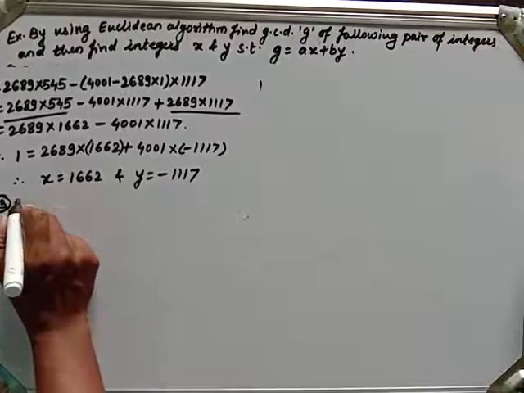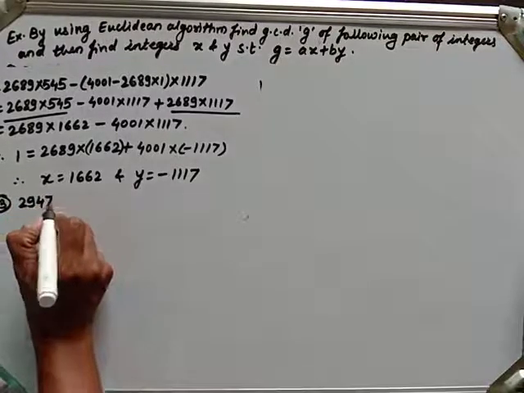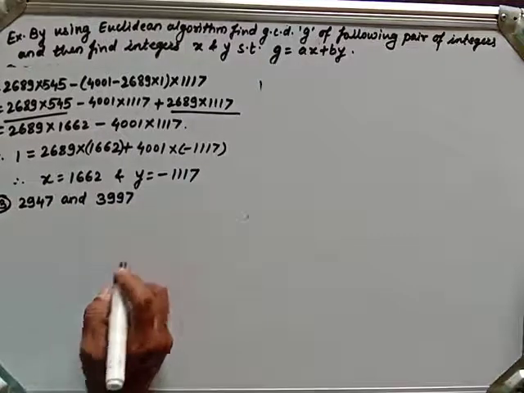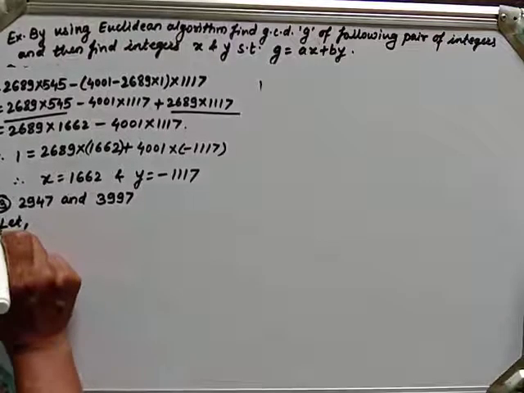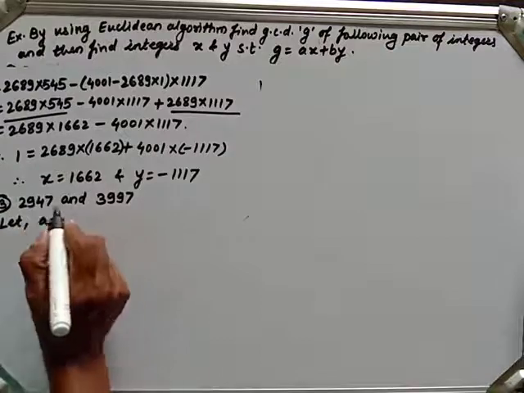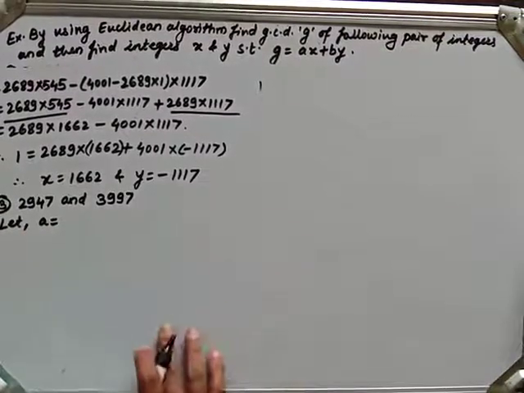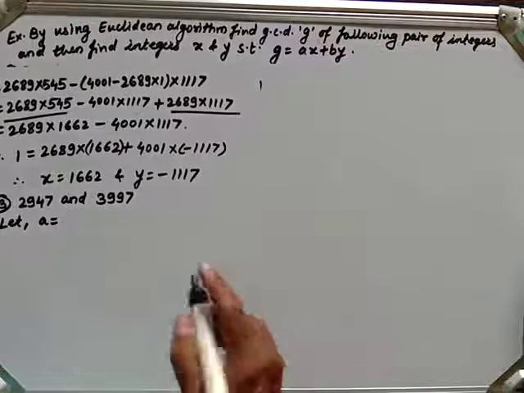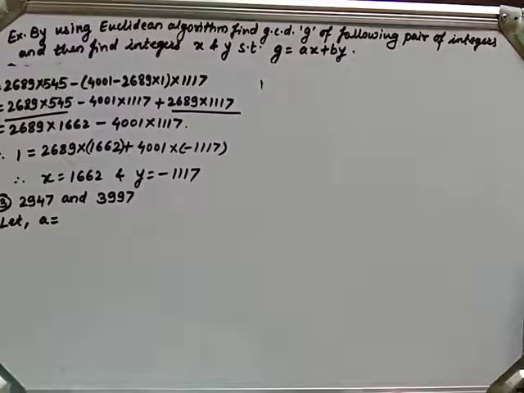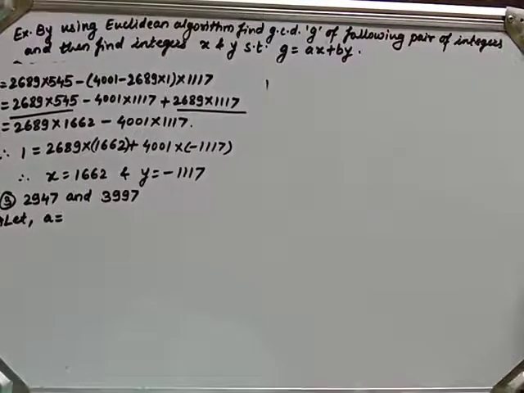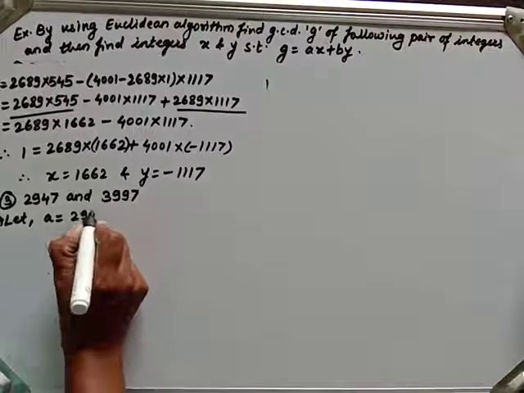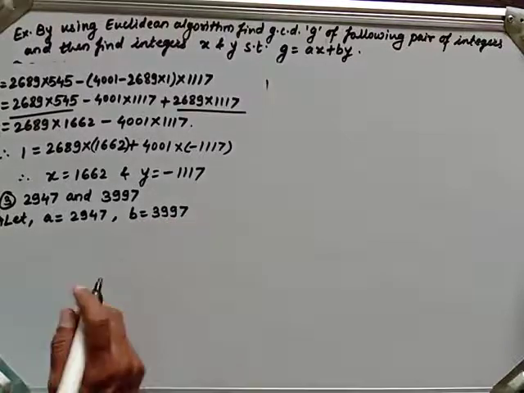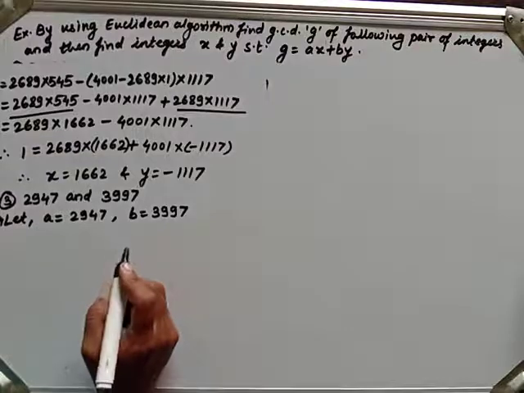Suppose the pair is 2947 and 3997. Now assume A is the smallest one, as in the theorem we have also assumed A is the divisor and B will be the dividend. So A will be 2947 and B is equal to 3997.